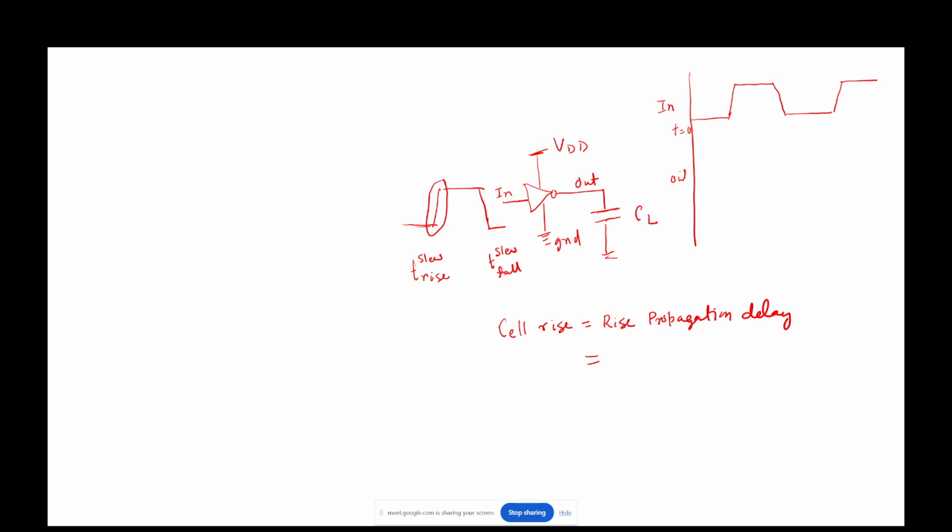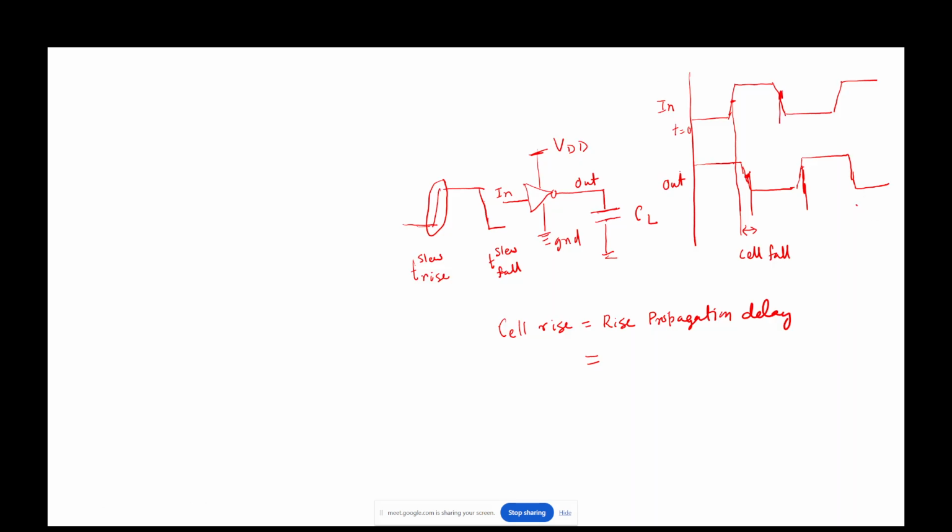The out will be delayed by some amount like this. This delay, from this 50% to this 50%, is the cell fall. And this 50% to this 50%, this delay is basically your cell rise.